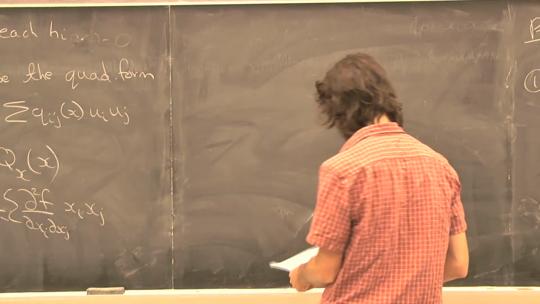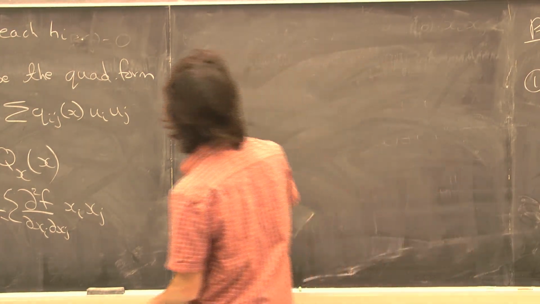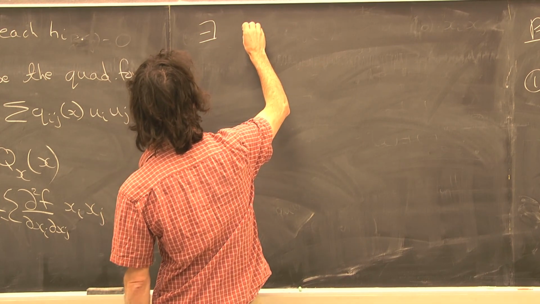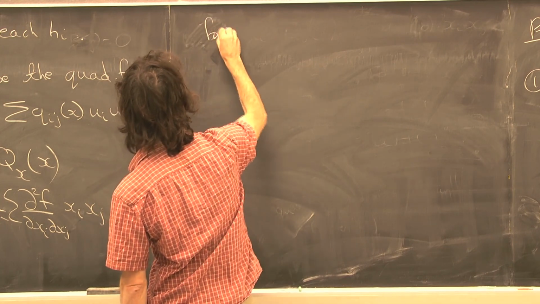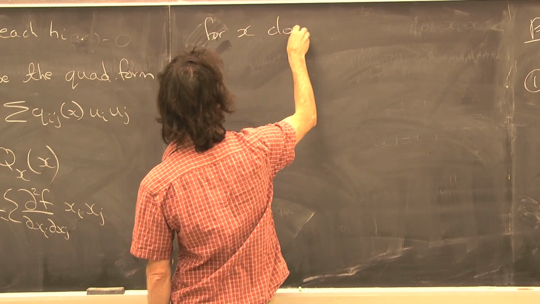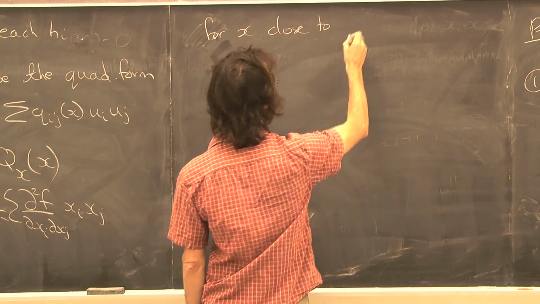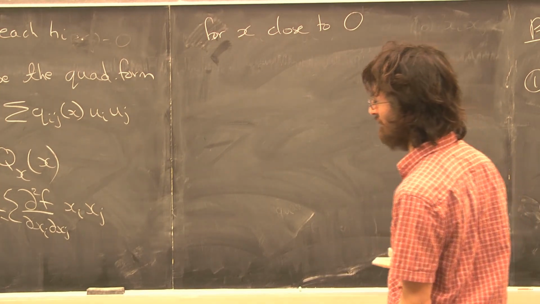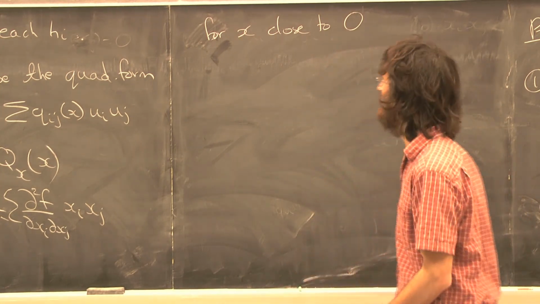And the idea now is to say that there exists a, for x close to 0. I mean, I've already in the local coordinate system, p is now 0, right?